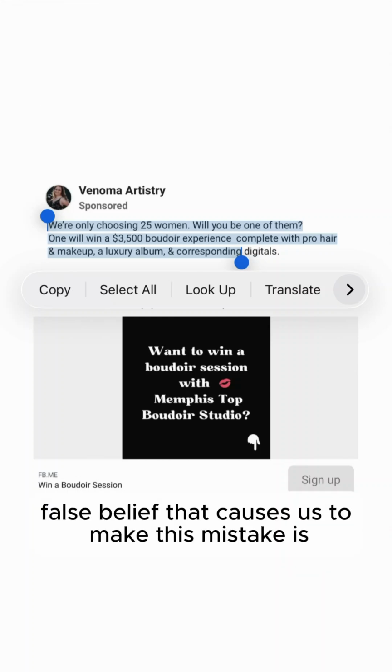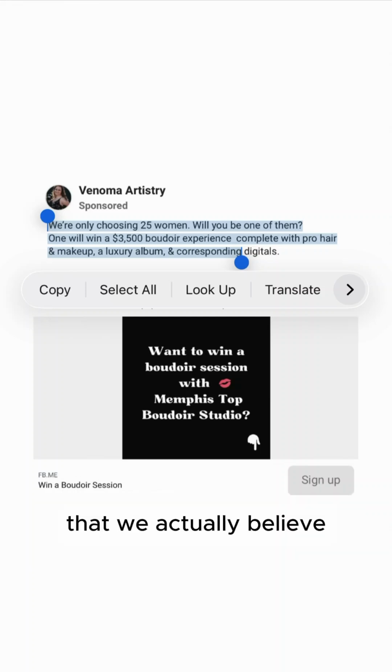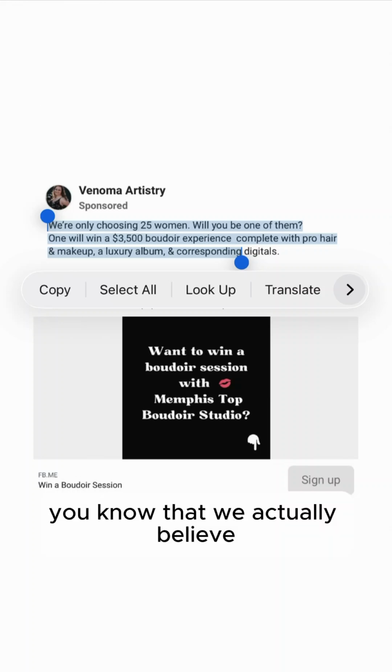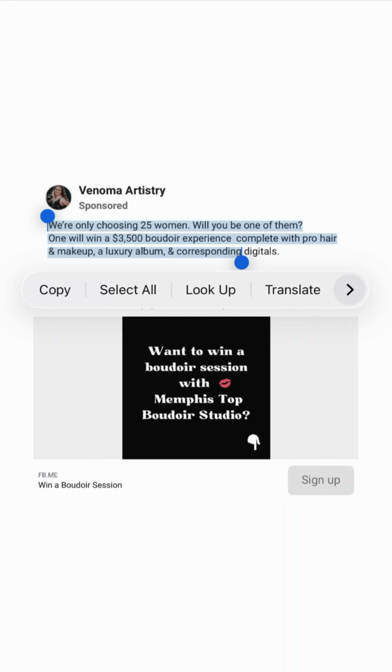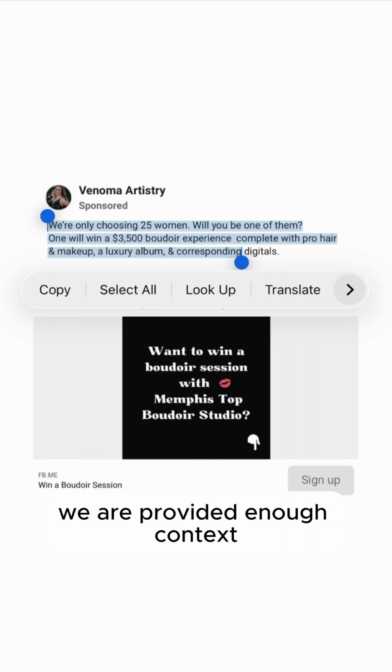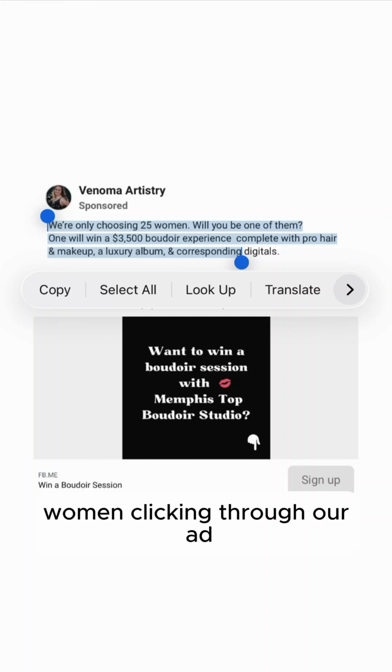The false belief that caused us to make this mistake is that we actually believe we are providing enough context to maximize the amount of correct women clicking through our ad, clicking somewhere on our ad, getting our ad into their brain.